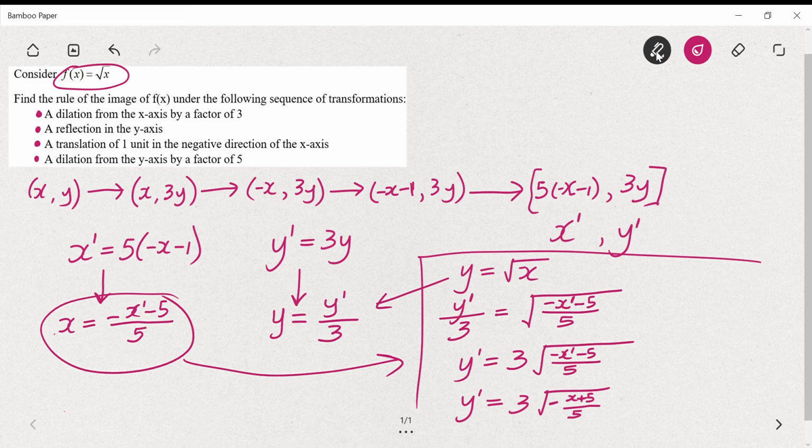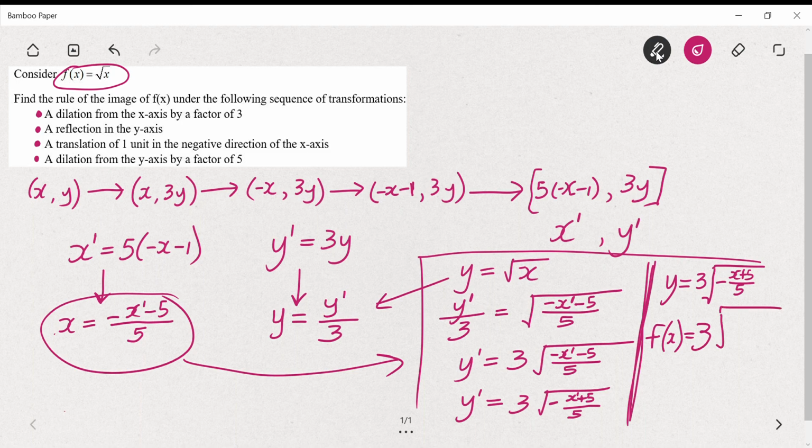And now I can get rid of my primes and write down the new function. y is equal to 3 root of minus of x plus 5 over 5. So that's my new function, and if it's going to be written with function notation, our new function of x is 3 and then root of minus of x plus 5 all over 5.